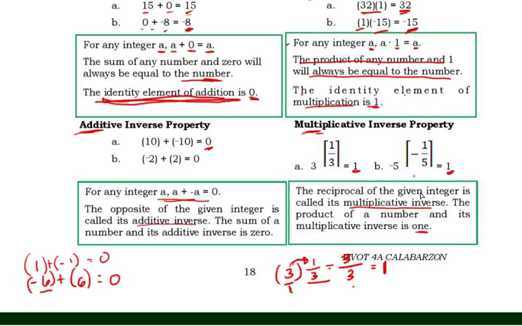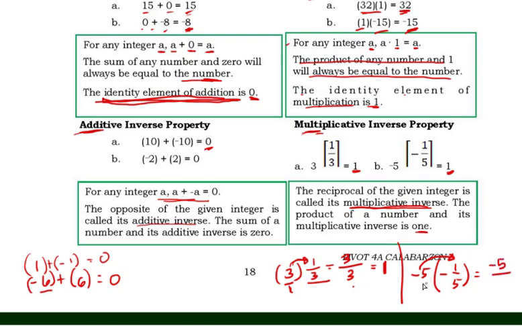Ganun din po sa negative 5. So, negative 5 multiply by its multiplicative inverse. Ang kanya pong multiplicative inverse ay negative 1/5. So, pag multiply niyo po yan, negative 5 times 1, ang sagot po ay negative 5.